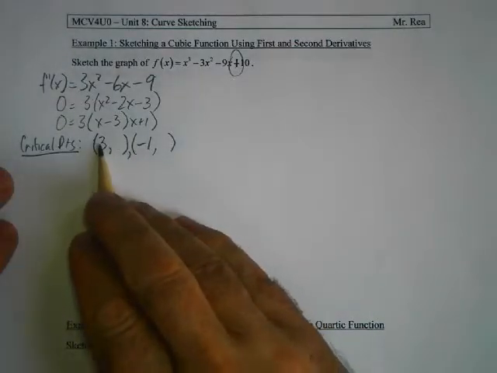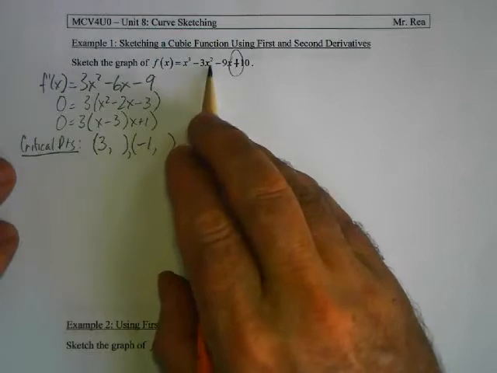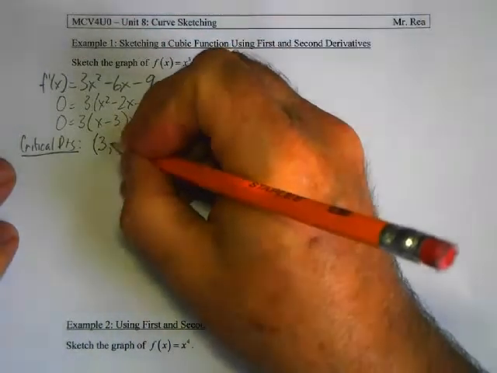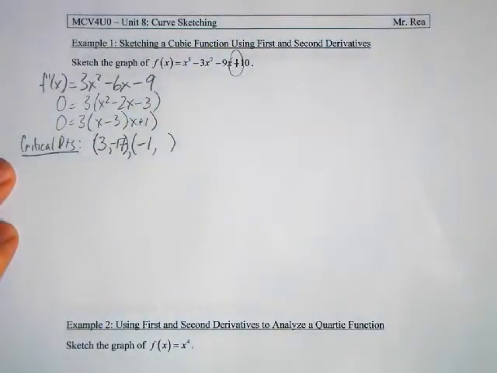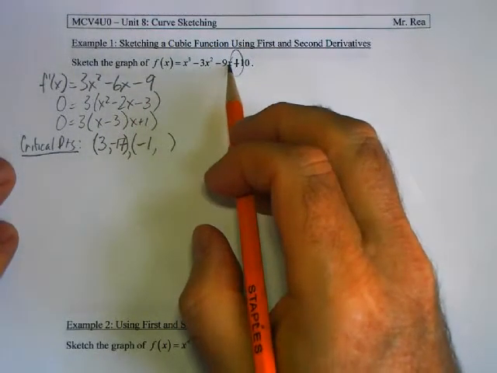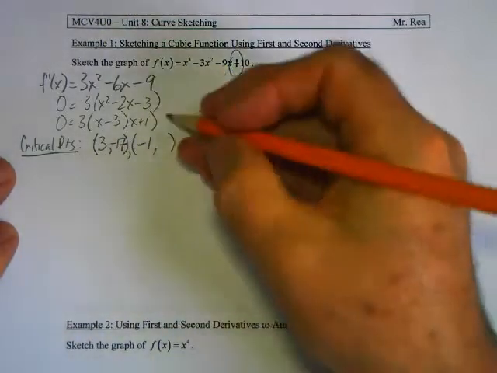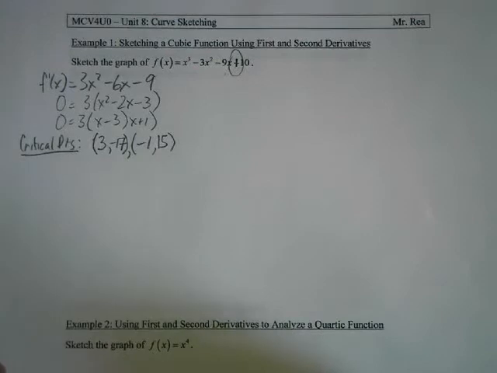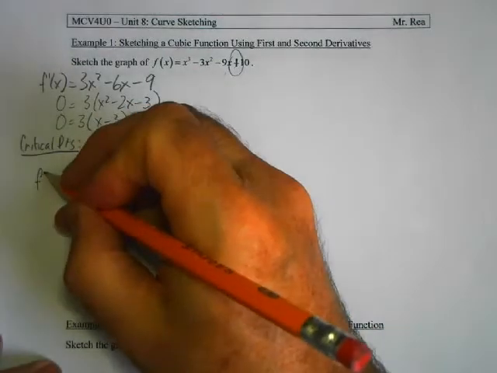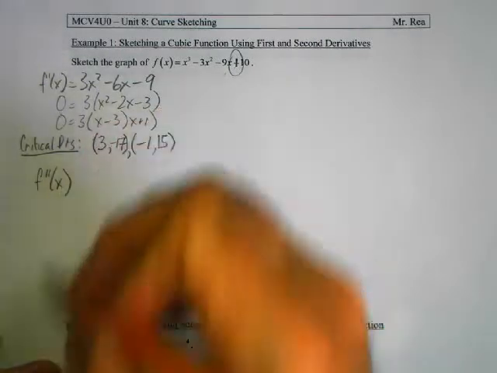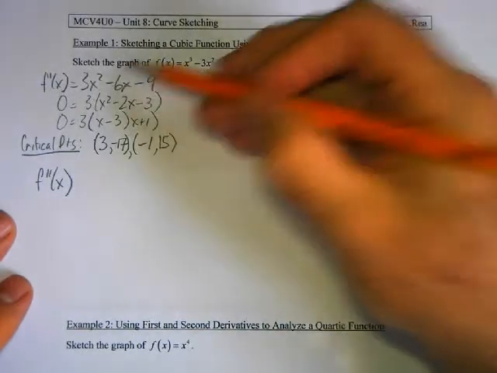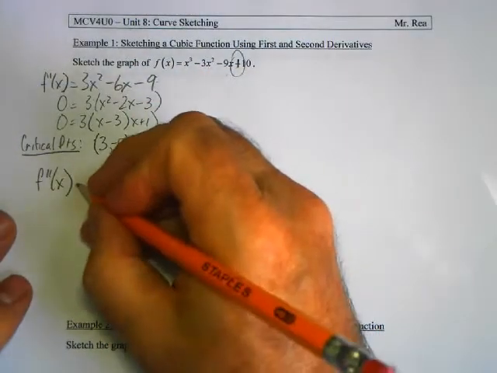Okay, now if I take x equals 3 and plug it into the original function, I'm going to get negative 17. And if I plug negative 1 in here, I'm going to get 15. Now we'll do the second derivative. So I basically start with the first derivative, take the derivative of it, and I get 6x minus 6.